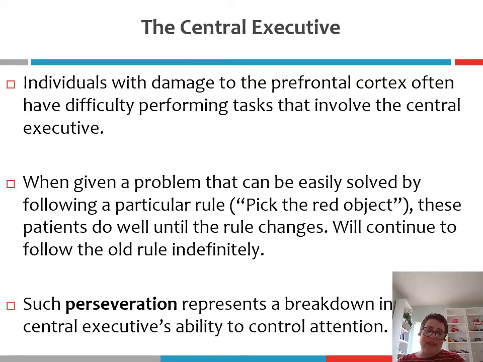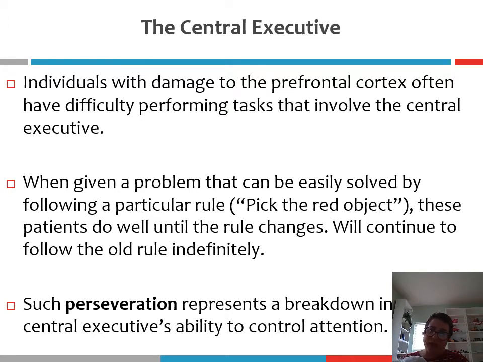So we say that whenever you are unable to switch your attention, or whenever you're unable to ignore something that is no longer relevant, that is reflective of something called perseveration, right?